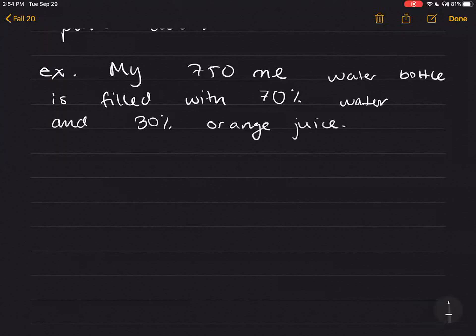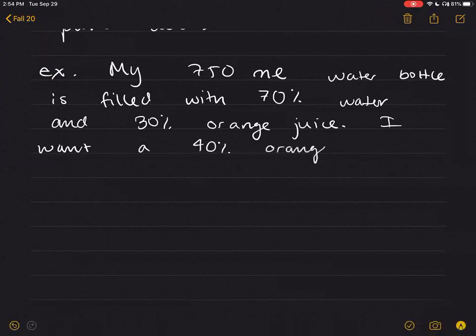Not a very appealing mixture. But anyway, I want a 40% orange juice concentration. So I want to somehow make it so there's 40% orange juice and 60% water.